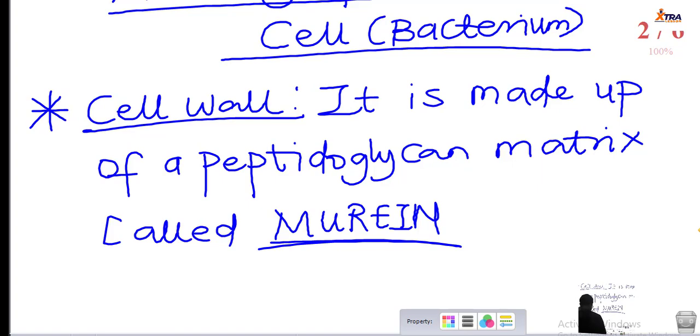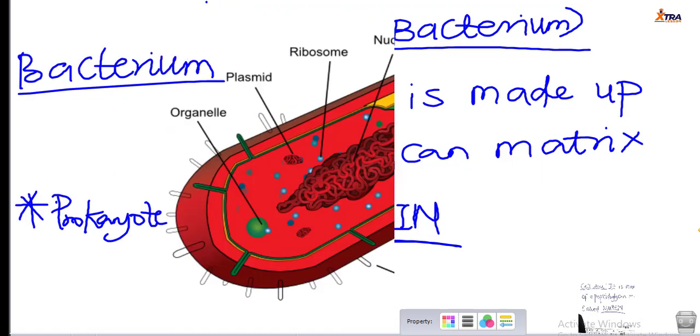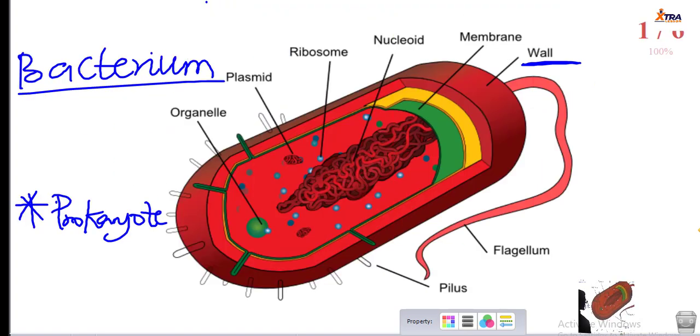Okay, so let's get back to our diagram. I've identified the cell wall, a cell wall composed of murein.